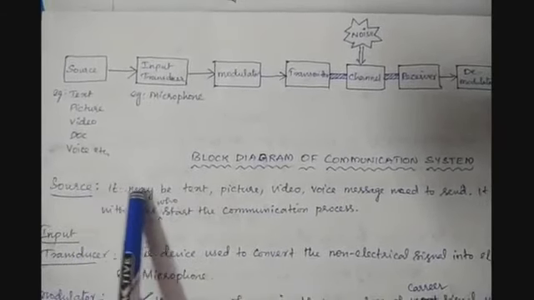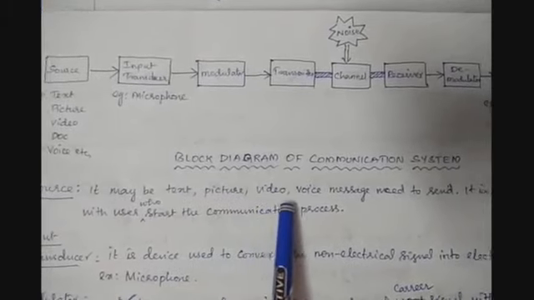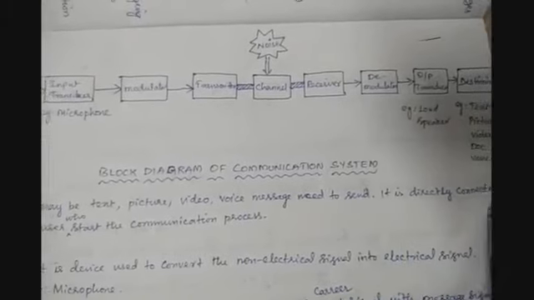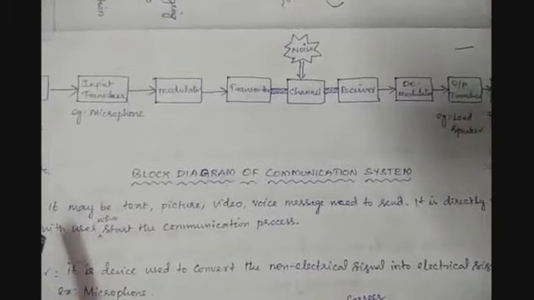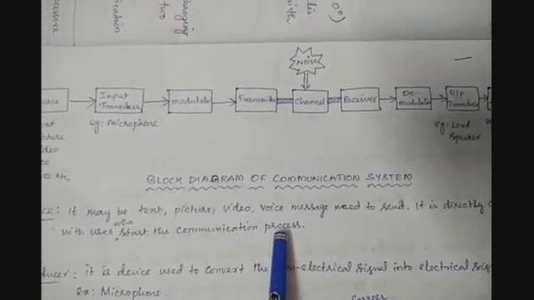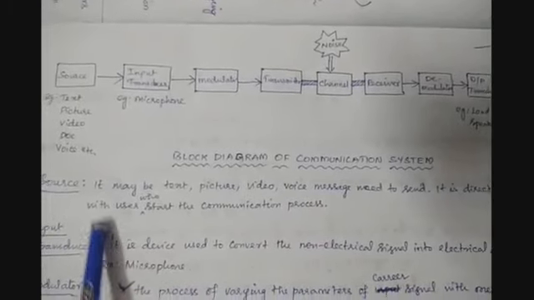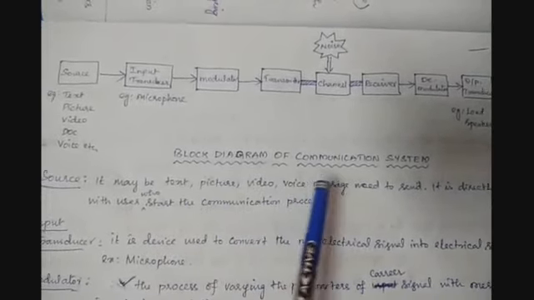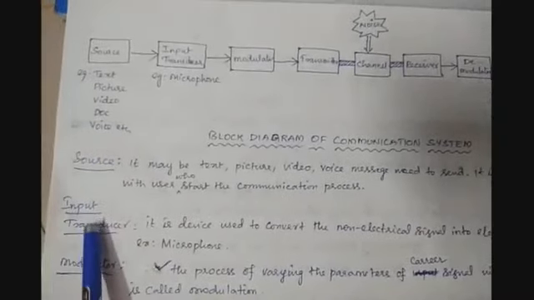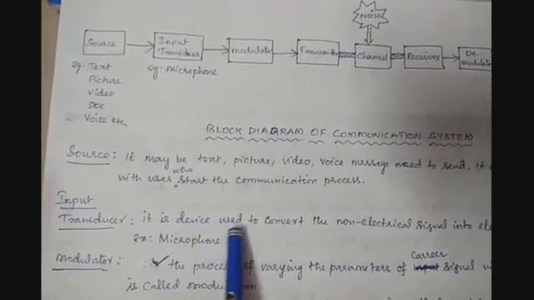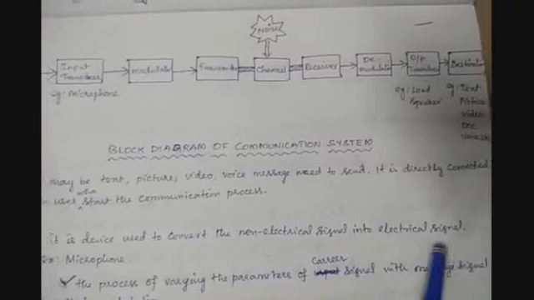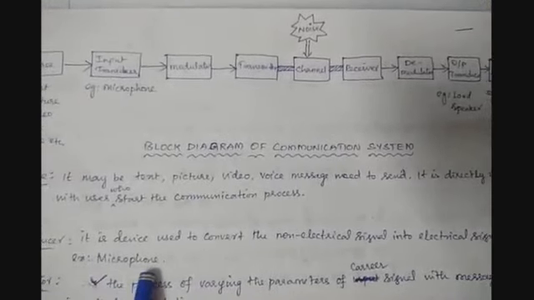First one, source. It may be text, picture, video, or voice message that we need to send. It is directly connected with the user who starts the communication process. And input transducer is a device used to convert a non-electrical signal into an electrical signal, example microphone.